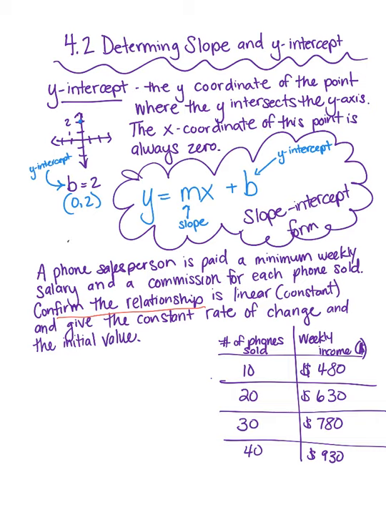And remember, that's the difference in the y's over the difference in the x's. So it's going to be change in income over the change in phones sold.